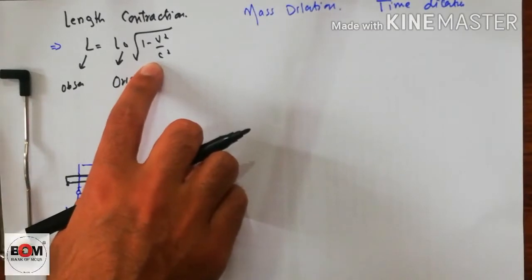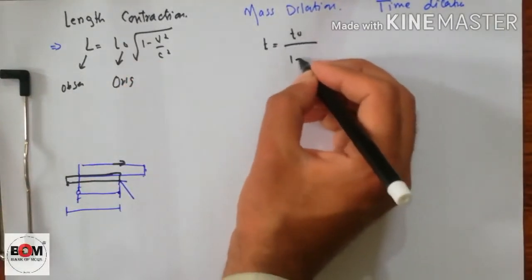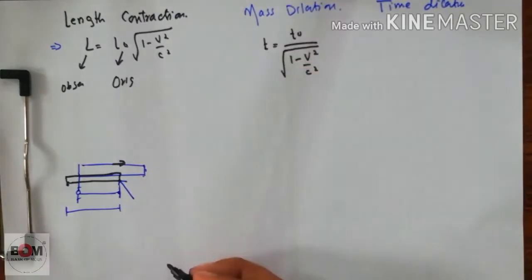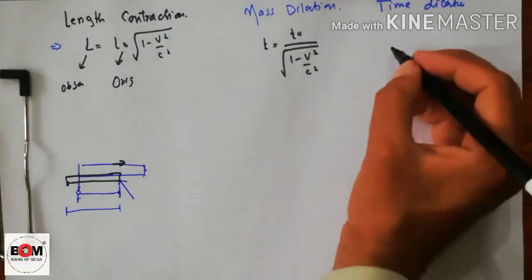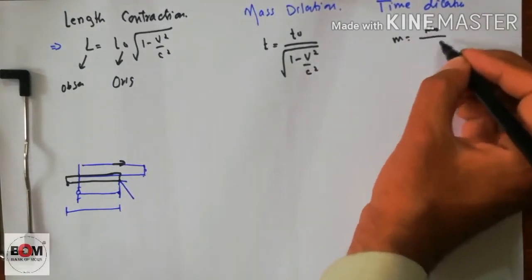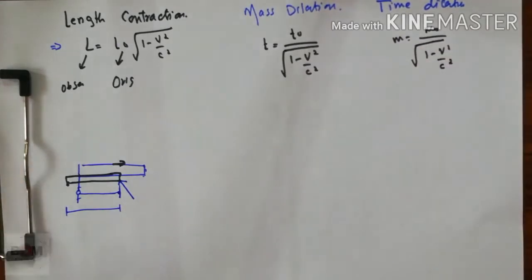Now the formula for time dilation: T is equal to T naught divided by the root of 1 minus V square divided by C square. Next is M is equal to M naught divided by the root of 1 minus V square divided by C square.